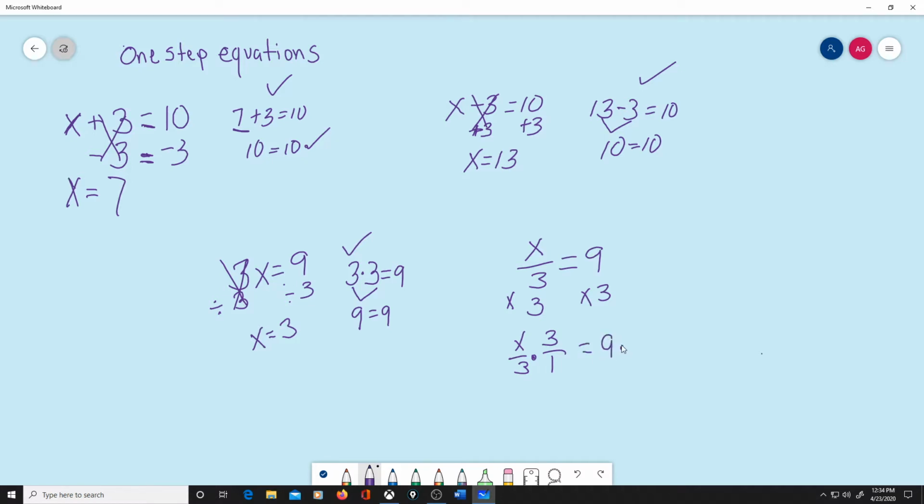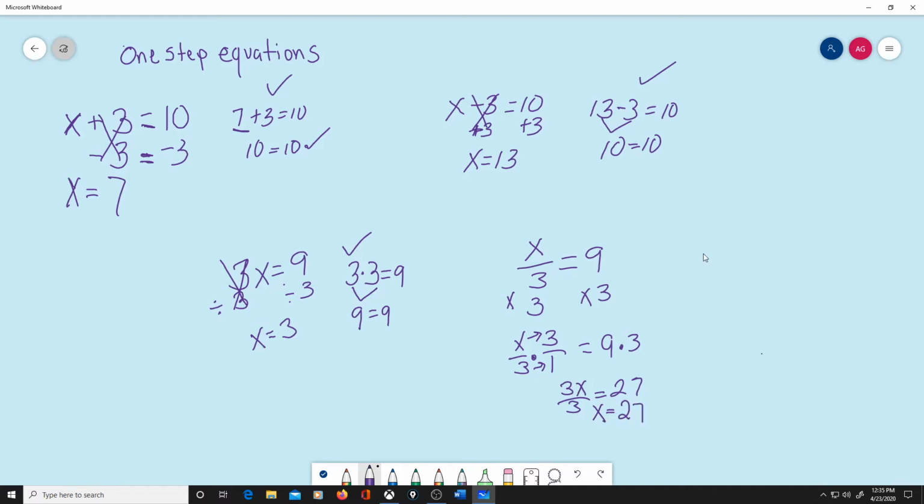Equals 9 times 3. So again, I just multiply straight across, and I get 3x over 3 equals 27. And I know if I have 3 over 3, that's really just 1. So really what I have is x equals 27, because 3 over 3 is just equivalent to 1.